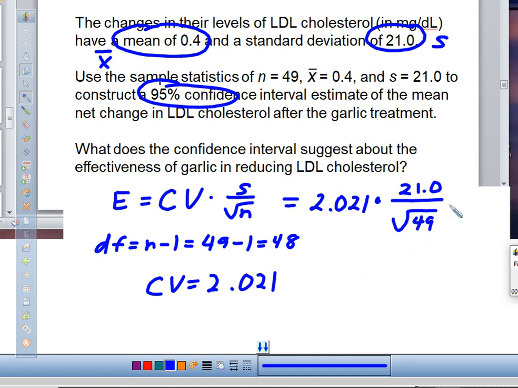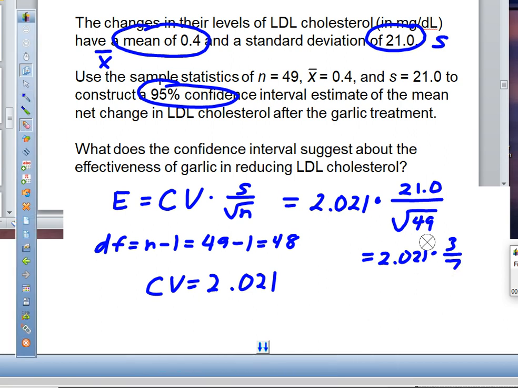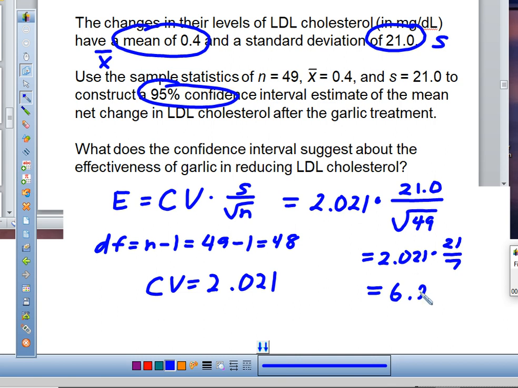The square root of 49 is 7, so 21 over 7 is 3, and 3 times 2.021 is 6.063. Perfect, so that's my error.